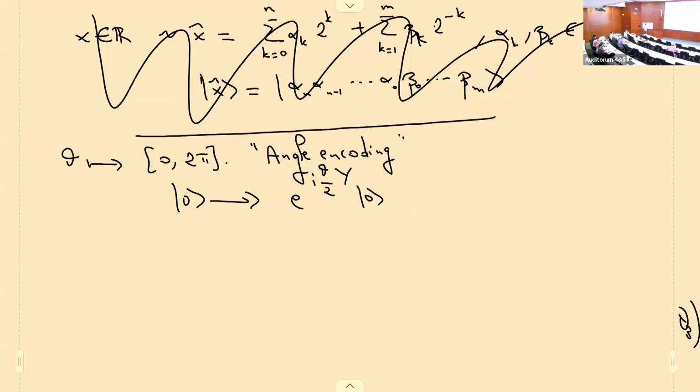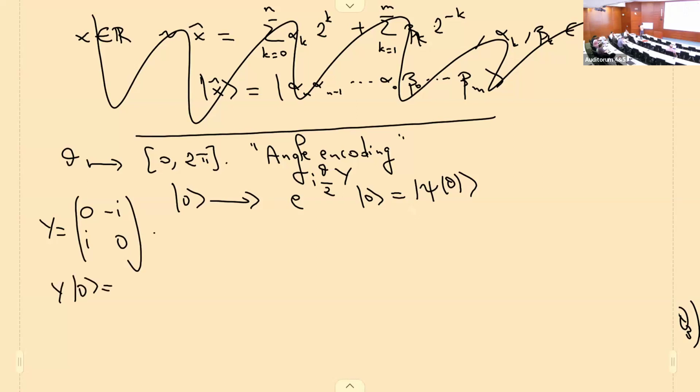So now my new quantum state. We already did this computation, but let me rewrite it again, this time with the y gate. And there's a reason why I take the y gate here. So the y gate looks like this, I think: 0, minus i; i, 0. So it means the y applied to 0 gives me i times 1, and y applied to 1 gives me minus i times 0.